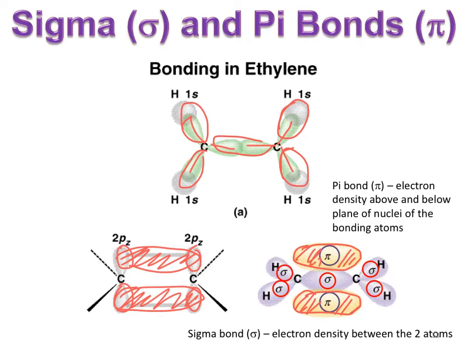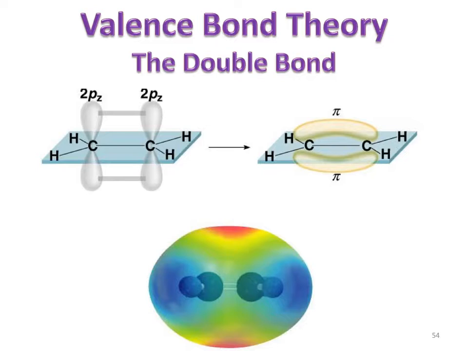Basically what this does is it creates a stronger bond and a shorter bond and increases the electron density around the carbon-carbon bond here in ethylene. Here's another look at that double bond in ethylene.